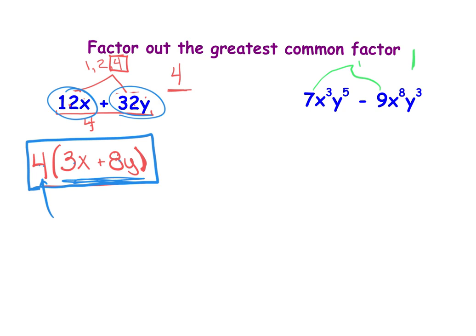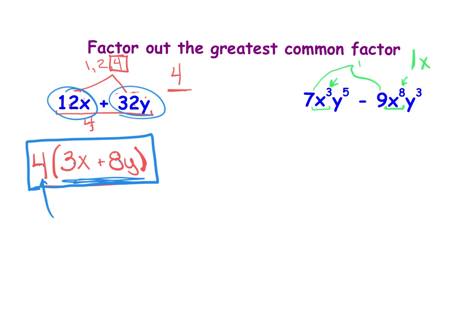Then from here, once we find the greatest common number that they're both divisible by, we need to look at our variables. Here I notice that each of these have x's, but they have a different number of x's in each term. So the amount of x's that they have in common is 3, because the 7 term has an x to the 3rd, and this has an x to the 8th. While there's more x's over here on the right-hand side, it does have at least 3 x's.